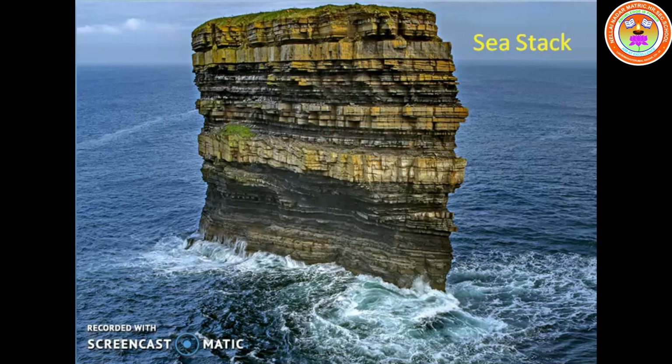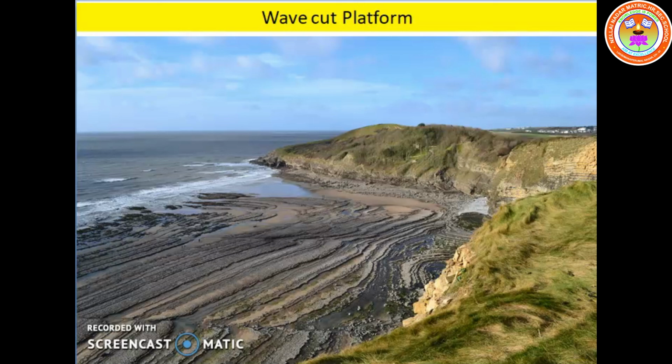Next one, the wave cut platform. Flat surfaces found at the foot of sea cliffs are called wave cut platforms. Wave cut platform is also referred to as wave cut bench or terrace.